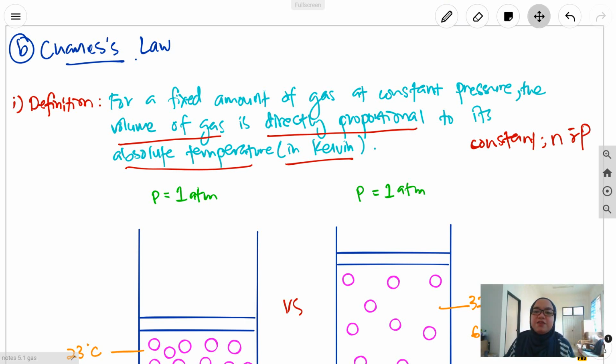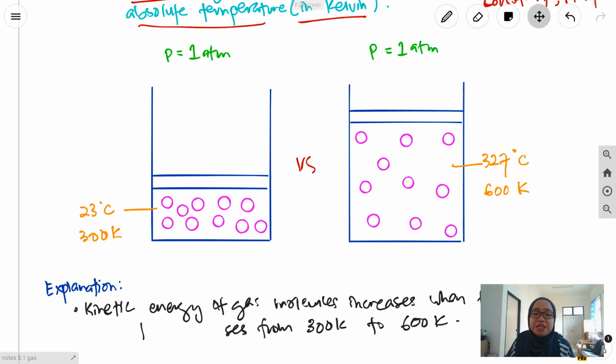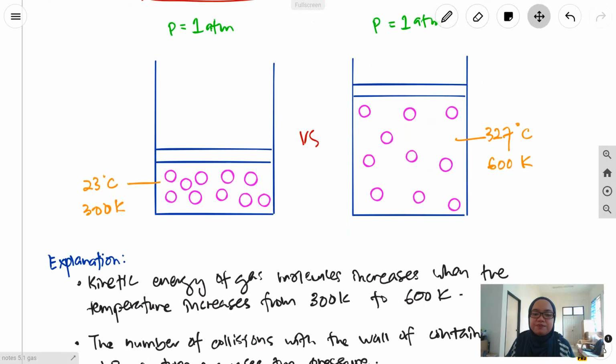So let's look at the explanation for this Charles' law. Okay. Look at this. Both of the containers have the same pressure. This first container has a pressure of 1 atm. This second container also has a pressure of 1 atm. So what's the difference? We look at the volume and the temperature here.